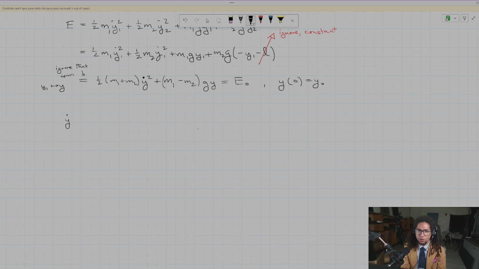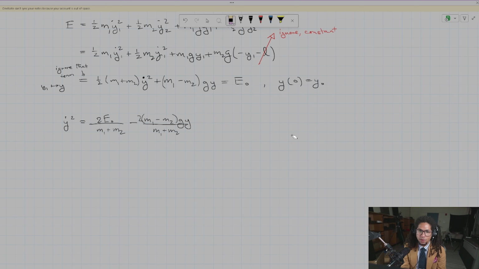Here we first get y dot squared equal to, if I multiply over a 2 and then divide by m1 plus m2, 2 E naught over m1 plus m2, and then minus m1 minus m2 g y over m1 plus m2, and I do also need to multiply by 2.